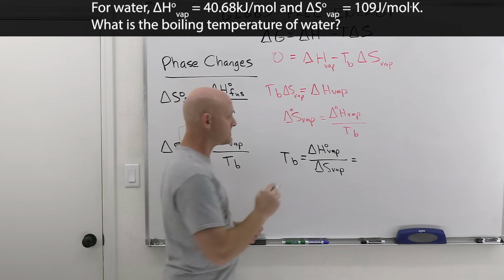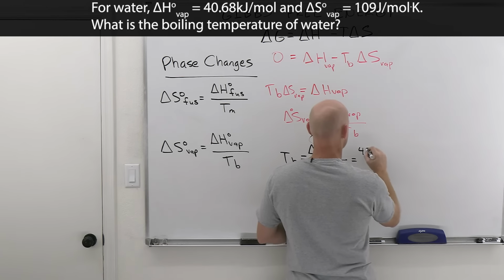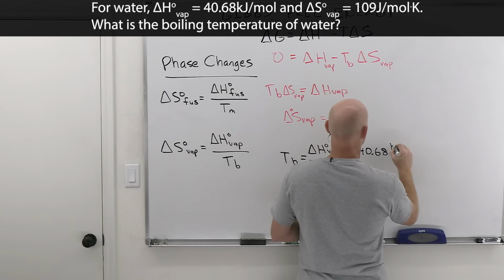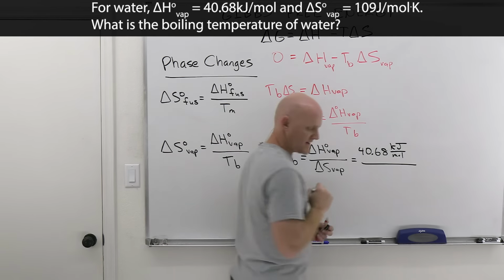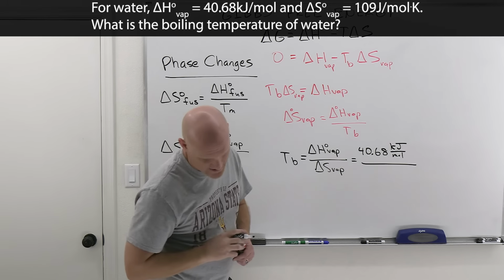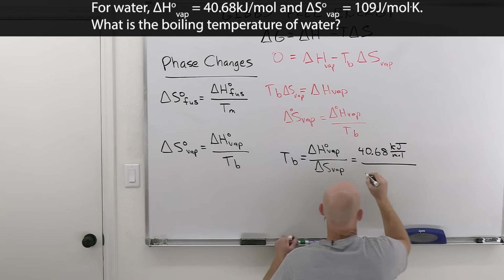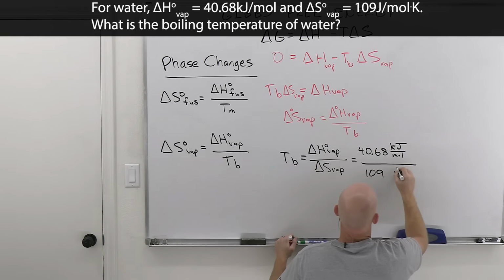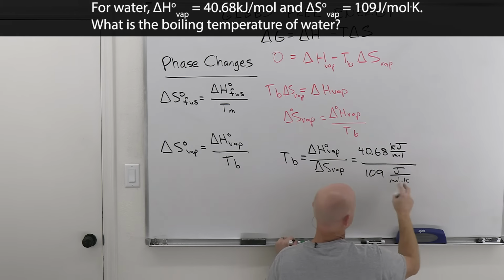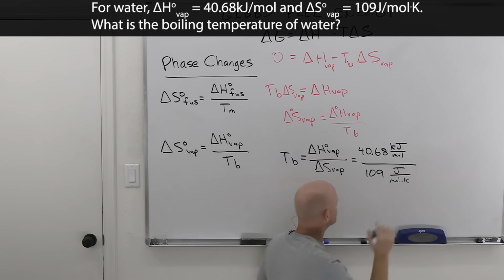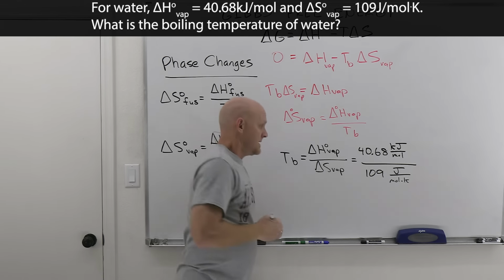Now we got to be a little bit careful. Delta H vaporization was given as 40.68 kilojoules per mole. The delta S was given as 109 joules per Kelvin mole. Whether it's joules per mole per Kelvin or joules per Kelvin mole, same difference.